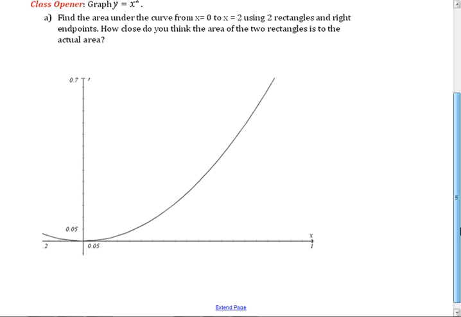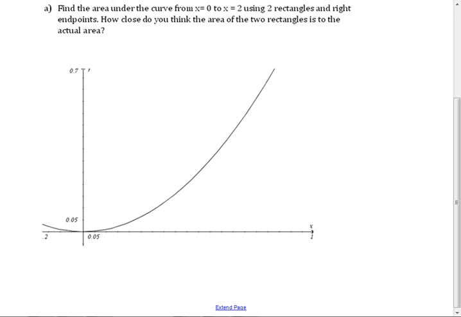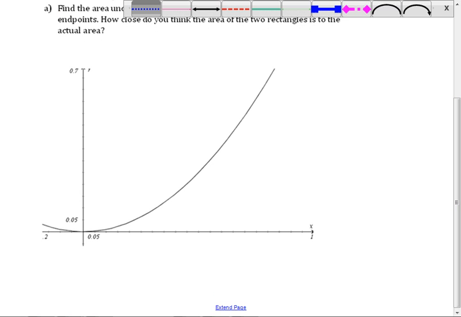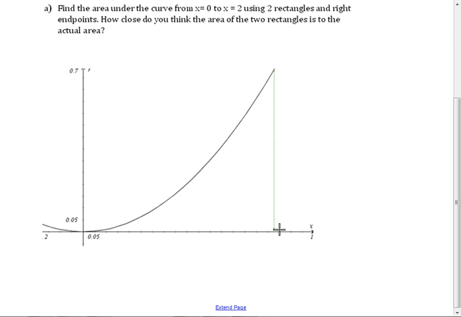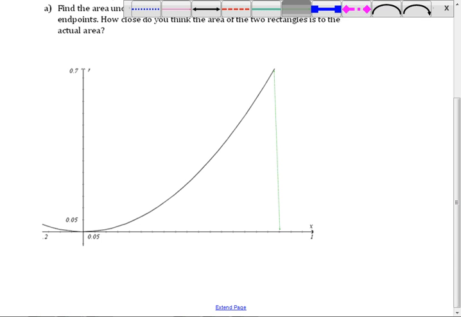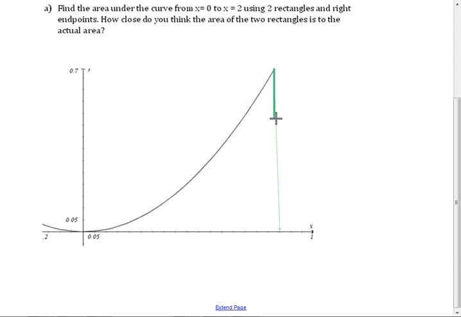Okay, so let's put a couple rectangles in there. I'm going to do it as best I can. Oh, I don't know if you can see that. Can you see that? Oh, I picked the wrong one. I can't. I wish I could. That's better. Because they're broken. Okay, did I get that right? More or less.